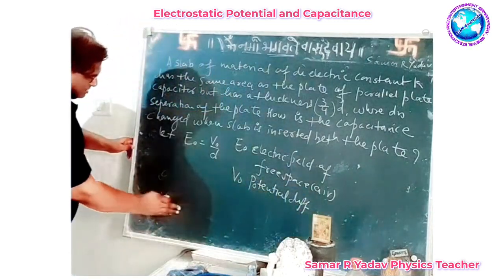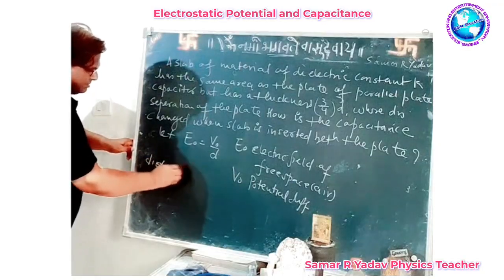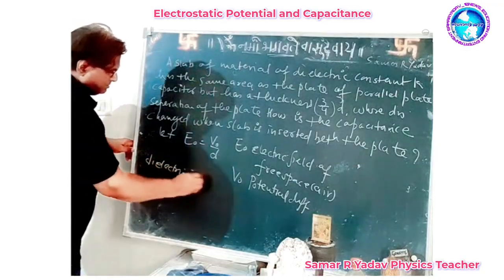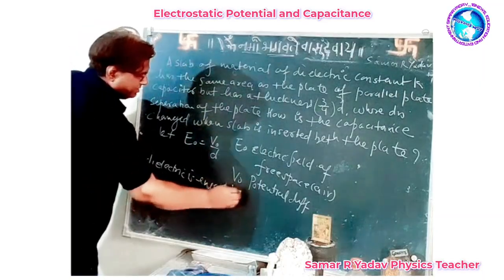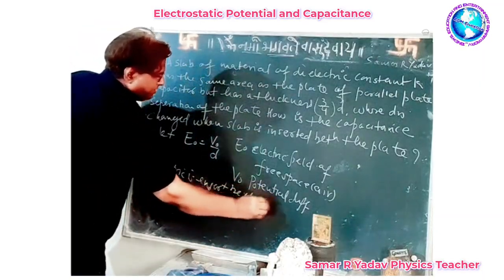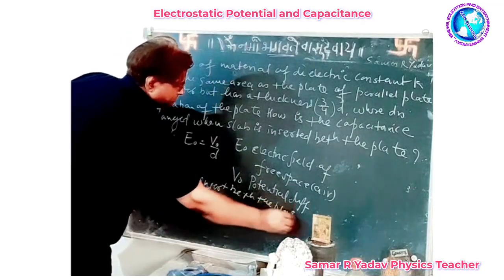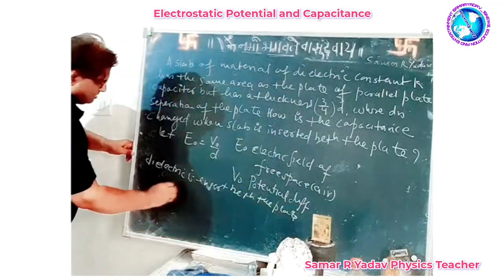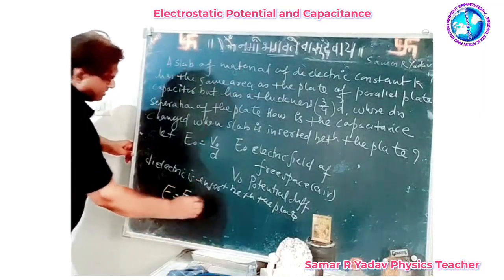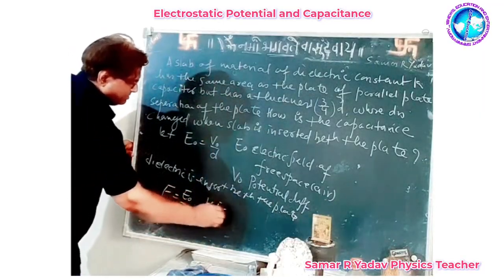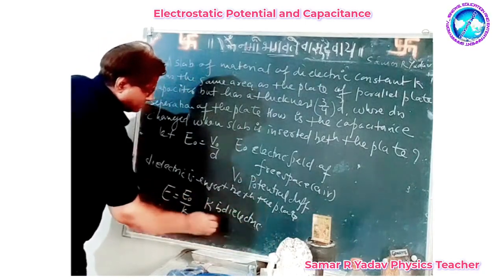Now the dielectric is inserted between the plates. The field is given by E is equal to E0 by K, where K is the dielectric constant.